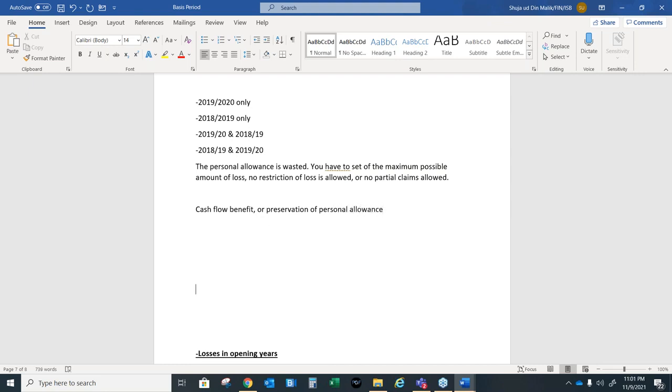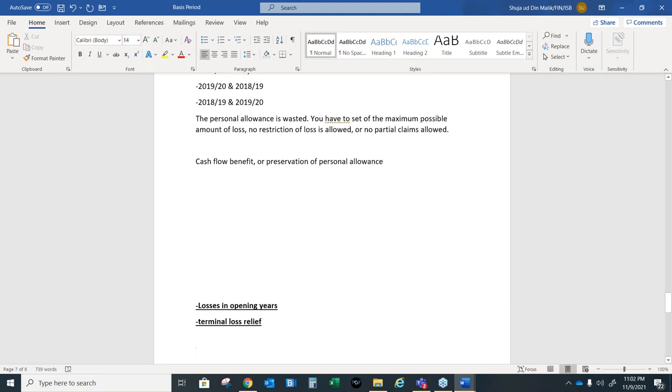I'm taking these two examples. If you are looking for cash flow benefit, then you would be trying to set it off in the current year so that you don't have to pay extra taxes, or you could save that amount that you could have blocked by paying the cash for the amount of tax.